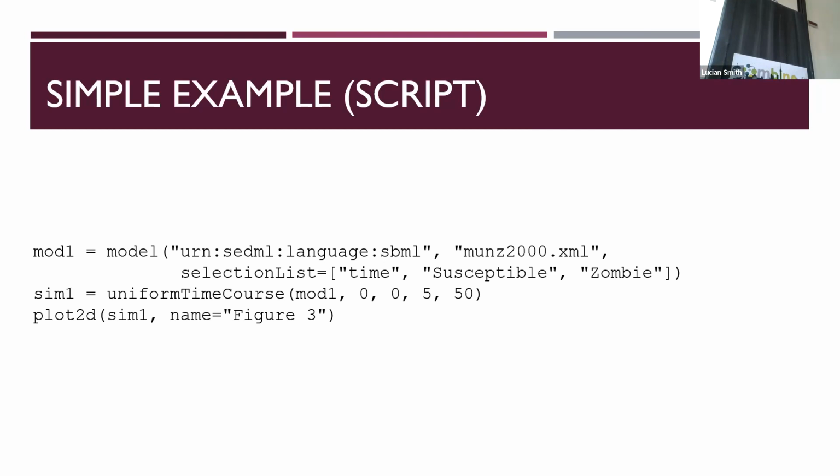I define sim1 as the results of a uniform time course, which is a predefined function that uses mod1, sets things up just like a regular function. So start at 0, start collecting data at 0, go for 5 seconds, collect 50 points, and then plot it. And then I just take the results and say plot those results, and call it figure 3.